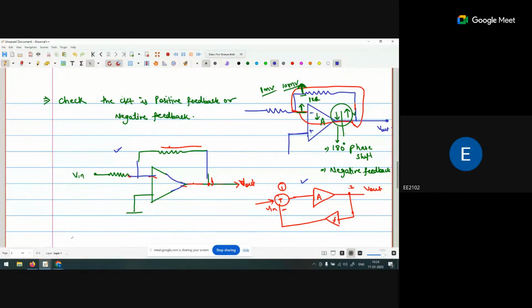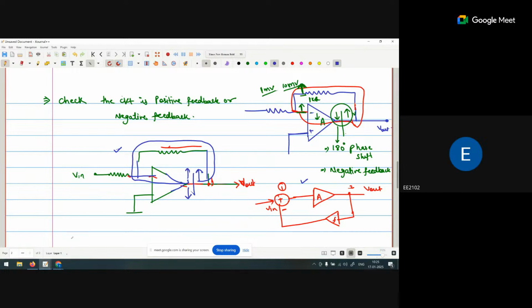Now, I break this loop from here and increase the voltage. The voltage that is increased passes through the resistor. We pass the signal this way and check whether the signal is in a positive direction or a negative direction.